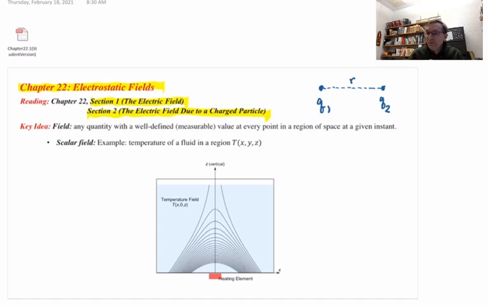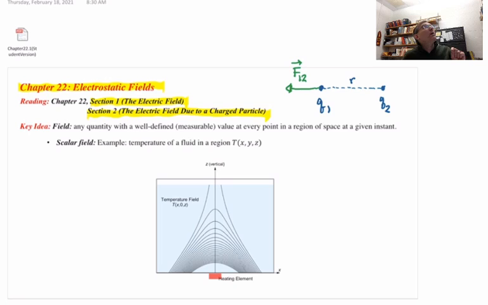That's what we need to know from chapter 21. Well, if I want the electrostatic force on 1 due to 2, I anchor the arrow on 1, and if I've assumed both particles are positively charged, then the force is repulsive. So the force on 1 due to 2 is directly away from 2, and I was labeling that F12.